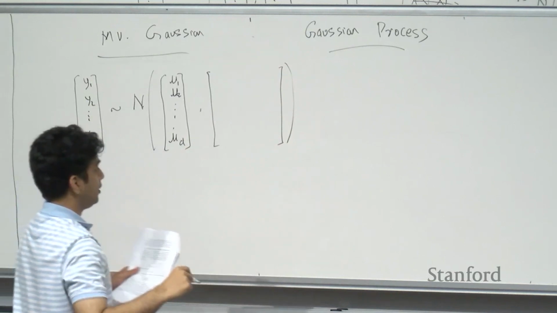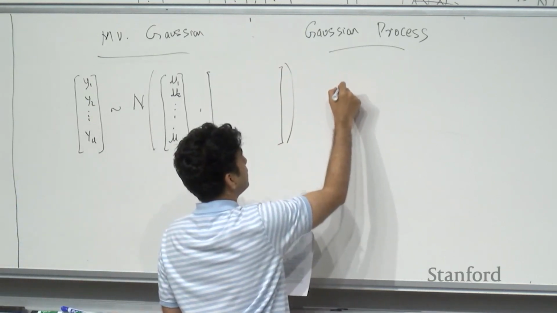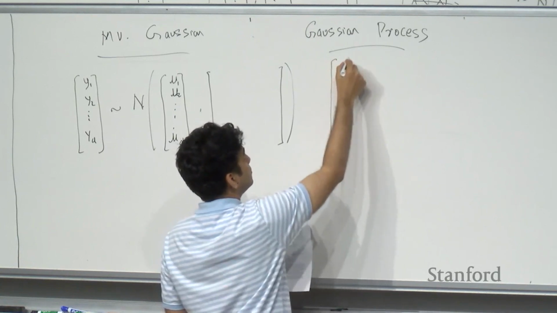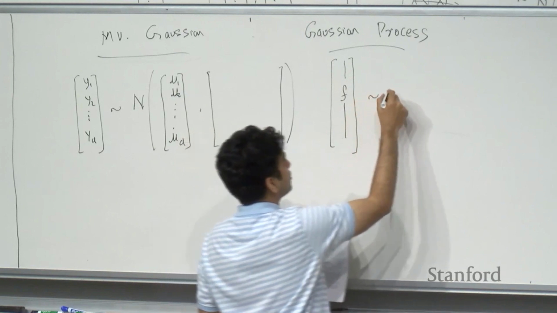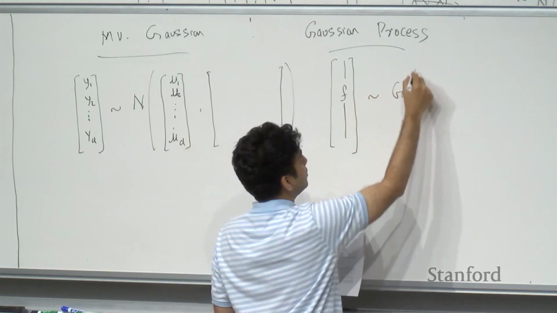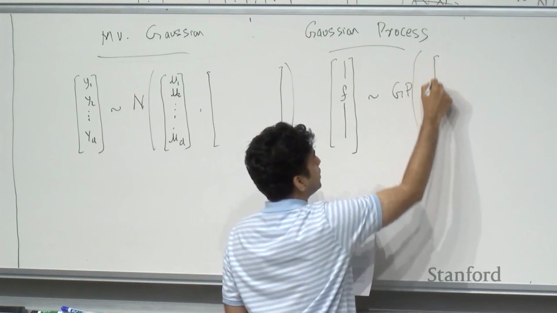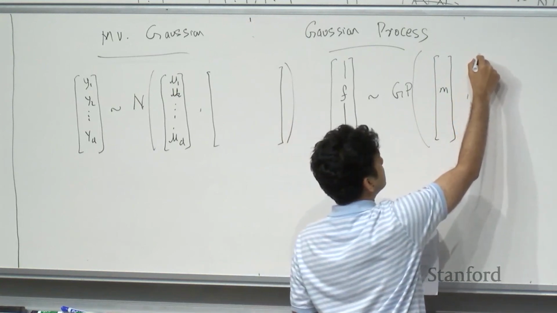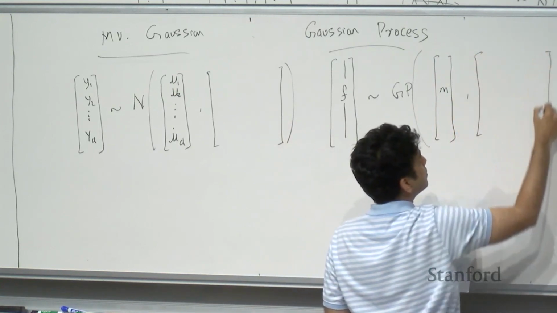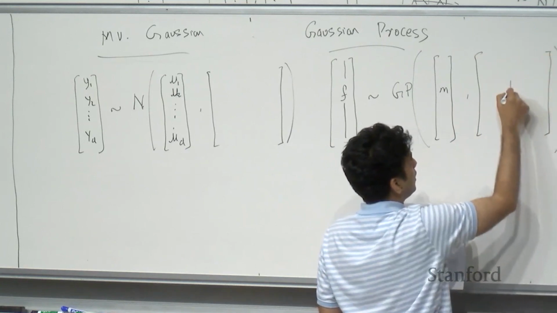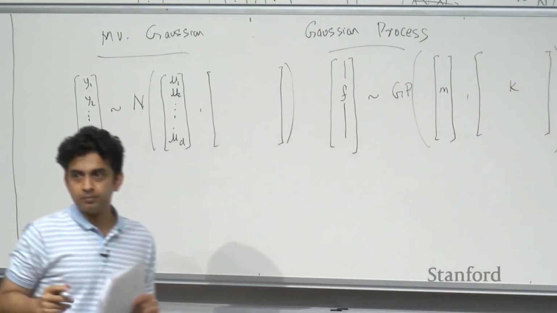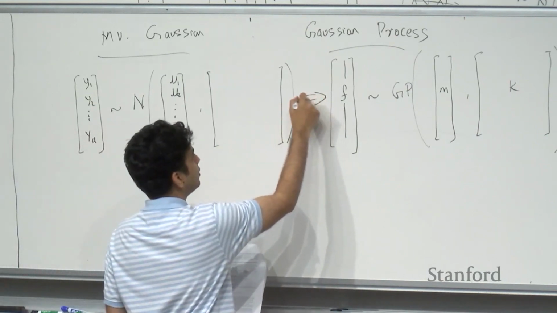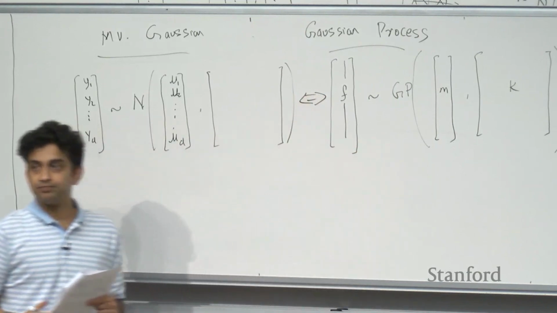Now in Gaussian processes, what we instead have is a function f distributed according to what we call a GP over a mean function m and a kernel k. This is a direct analogy between multivariate Gaussians and Gaussian processes.